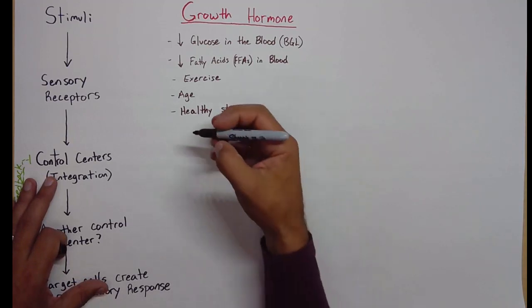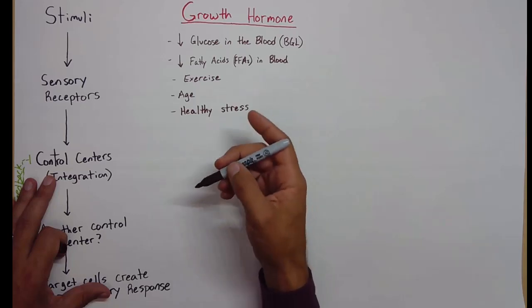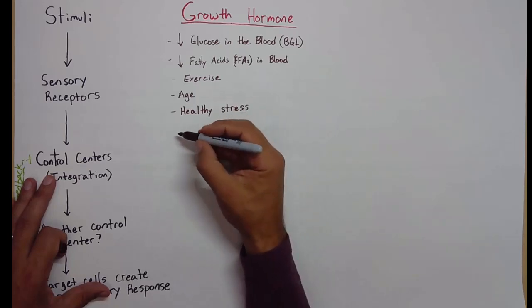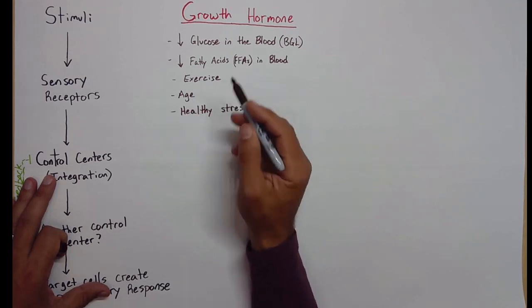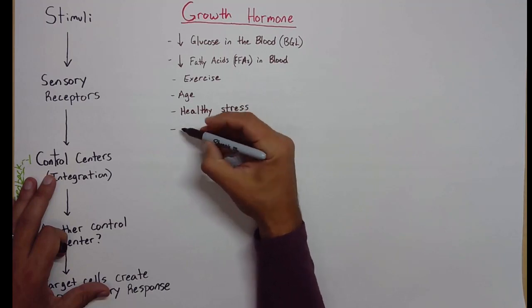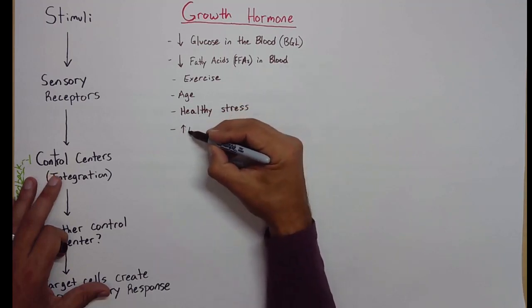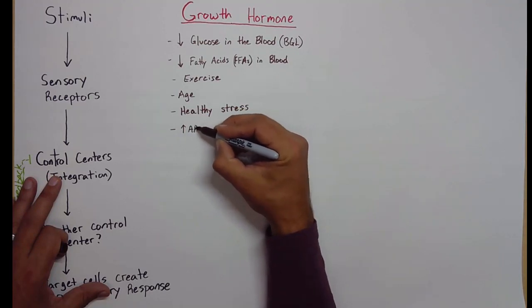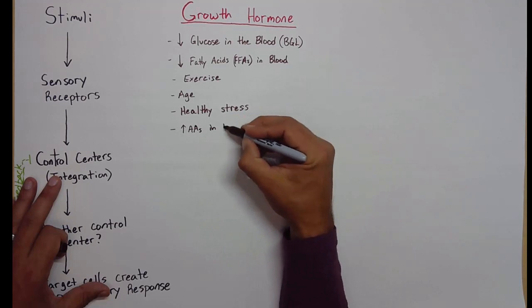Although there are some other things that can cause the release of growth hormone, we'll focus on just two more things. If there's an increase in amino acids in the blood, growth hormone will be secreted. So the stimulus is a short-term increase in amino acids, AA, in the blood.